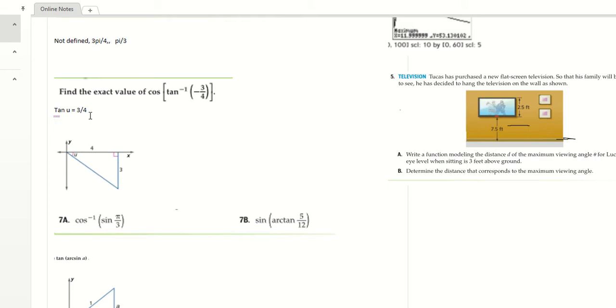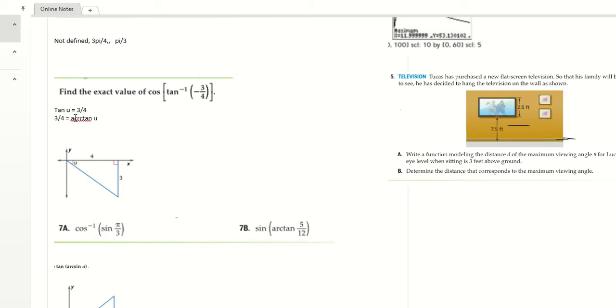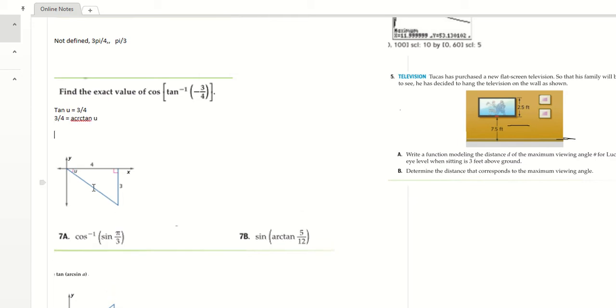If you draw this triangle, you just have to be smart enough to know this 3, 4, 5 triangle, right? Y over x. Y is 3, x is 4. It's gonna be equal to tan arctan u, right?